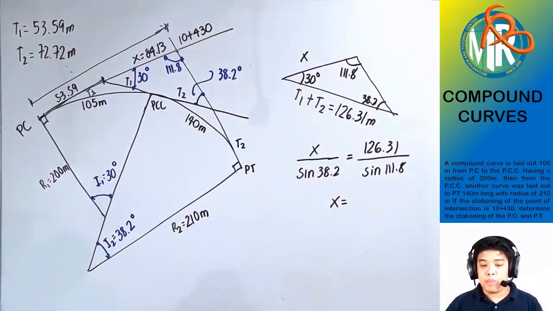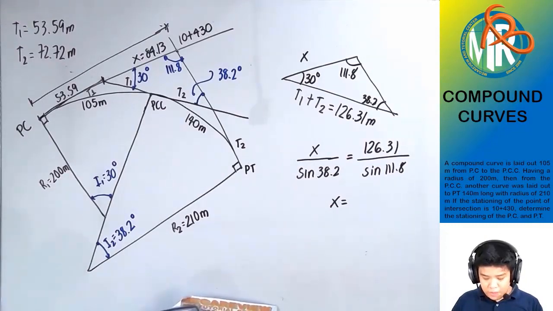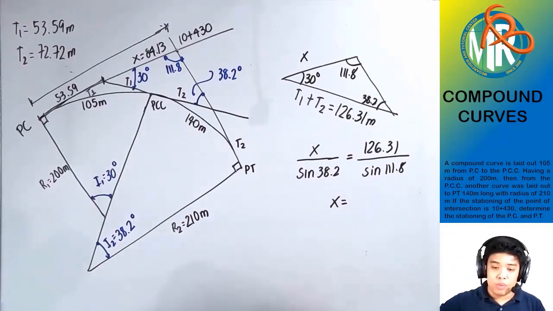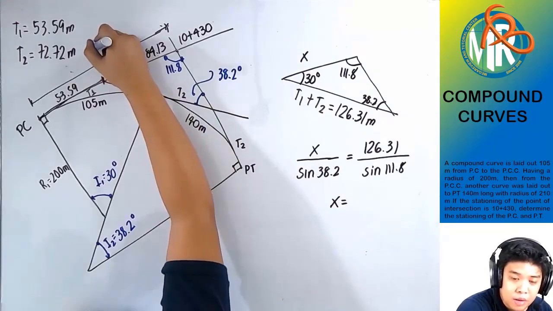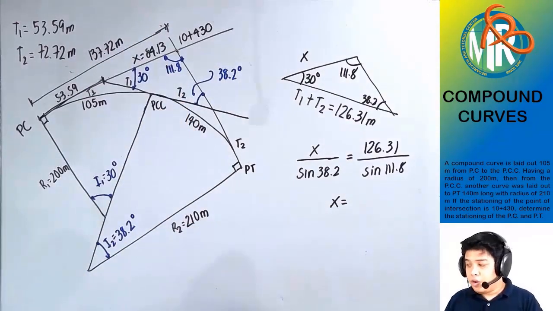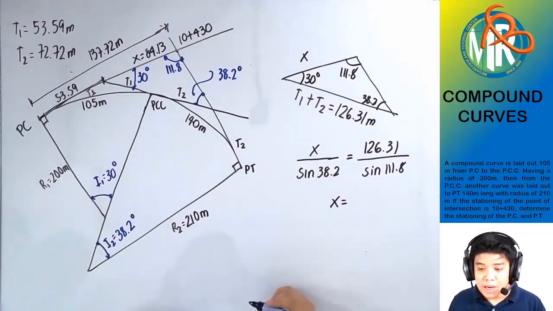So therefore, pag pinlas mo yan, yung total length niyan, ng distance na yan, 53.59 plus 84.13, the answer will become 137.72 meters. Okay po. Edi, ang dali na.